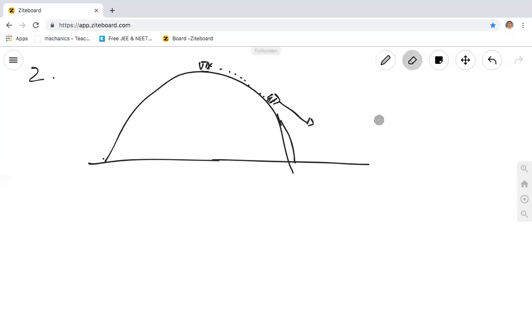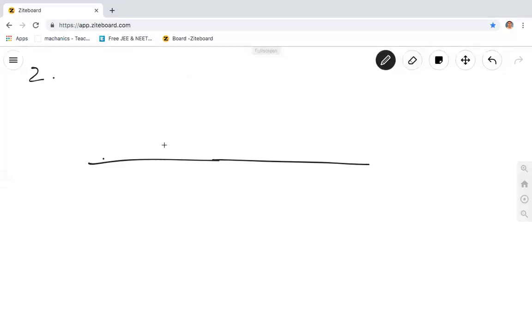Oh, sorry, पूरा खत्म हो गया ये. Okay, let me draw again. फ्री हैंड से थोड़ा ड्रॉ करना थोड़ा मुश्किल हो जाता है. So the object is on the top, and it falls and falls and falls and reaches here, and here it loses contact and it drops down.